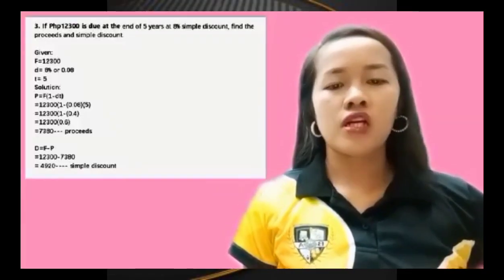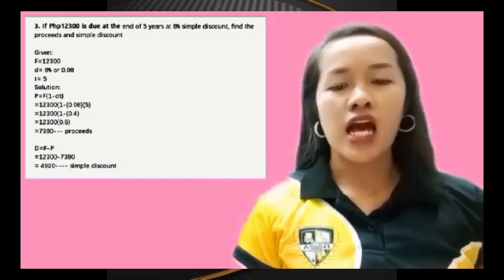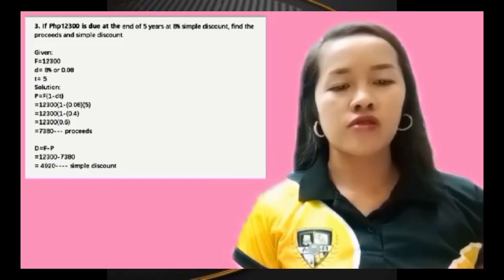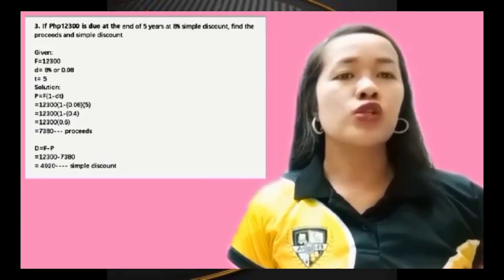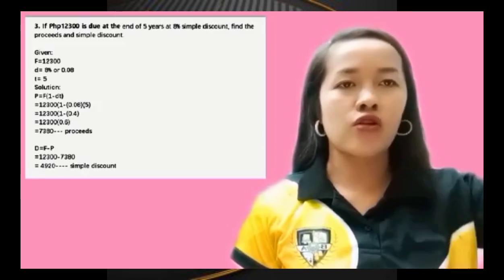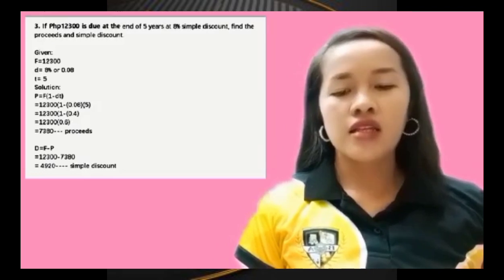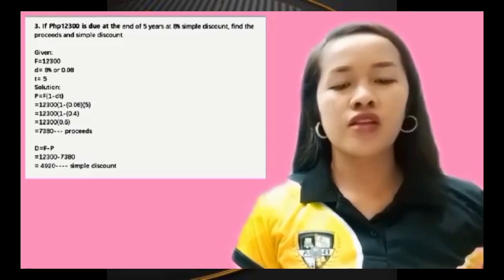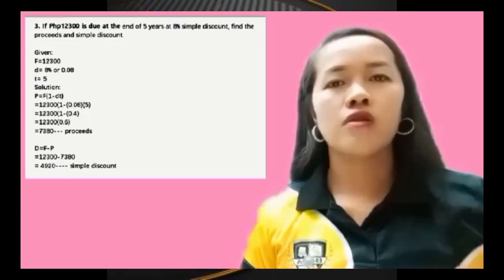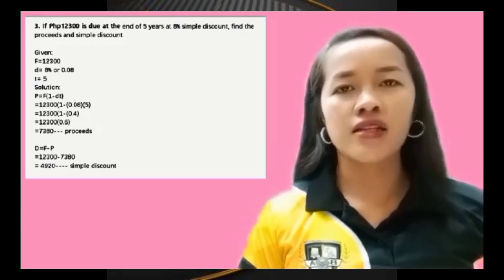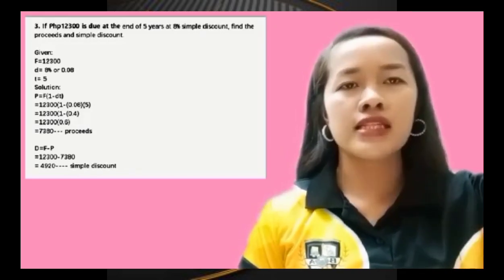Third example: if 12,300 is due at the end of 5 years at 8% simple discount, find the proceeds and simple discount. Okay, so dalawa ang unknown natin dito. F is given, 12,300, discount rate 8% or 0.08, and t is 5 years. First, we have to find P, which is equal to F times 1 minus d t.